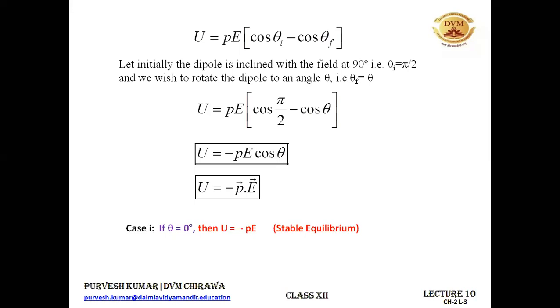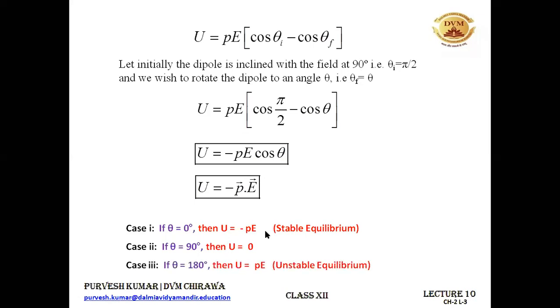Now if you want that theta equal to 90 degree, so earlier it is placed at 90 only, and you want that it should be kept at 90 only. So no work needs to be done if you see in that manner. And also when theta equal to 90 degree, this equation PE cos 90 is 0. So U becomes 0 in that case.